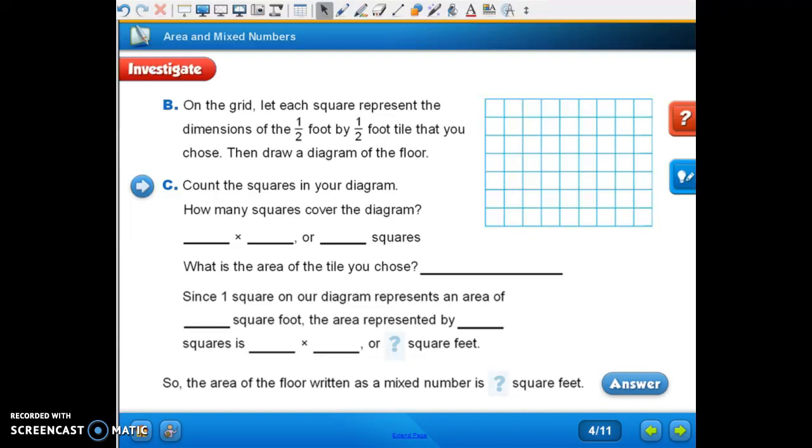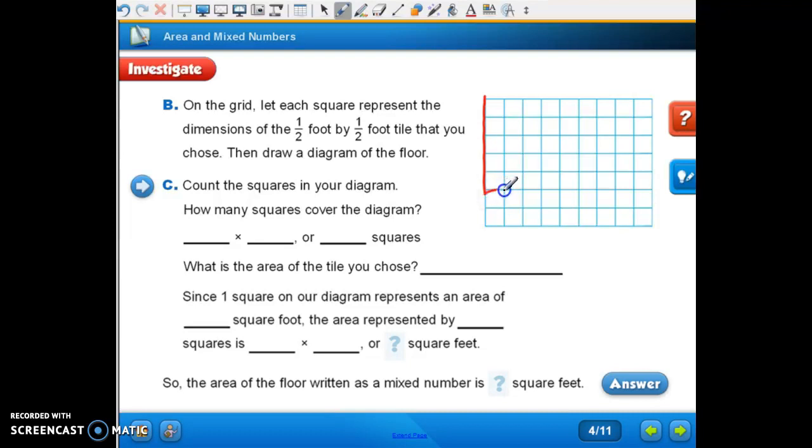Then draw a diagram of the floor. So let's go 2 1/2 by 3 1/2. If we draw down our 2 1/2, there's a half, 1, 1 1/2, 2, 2 1/2, right? So you should have drawn down 5 tiles.